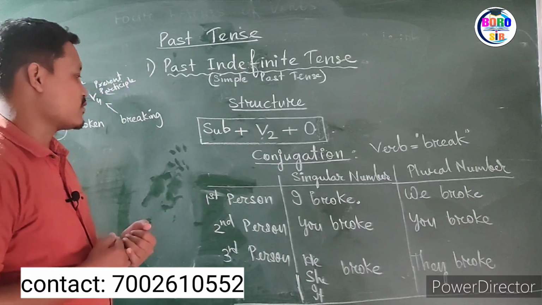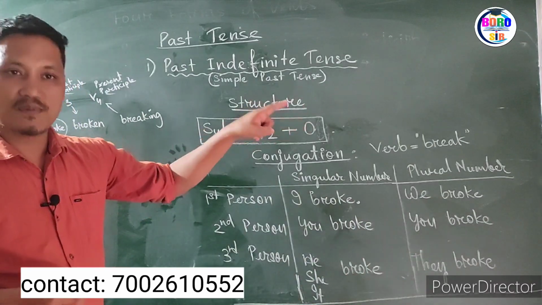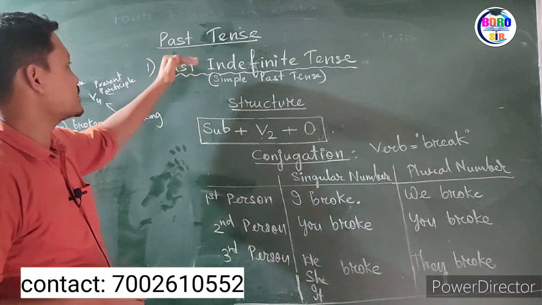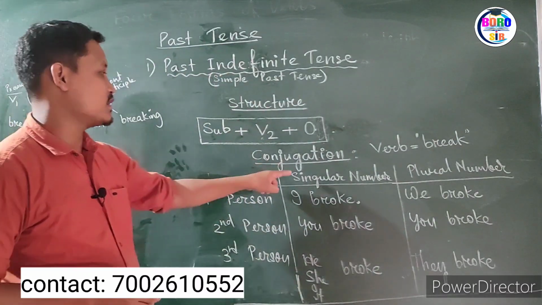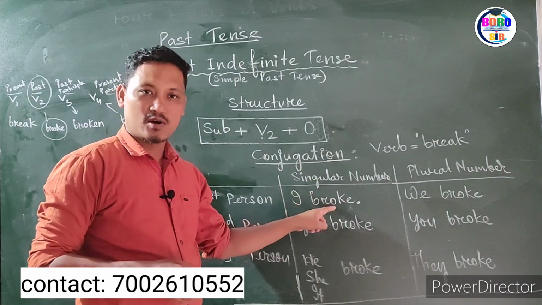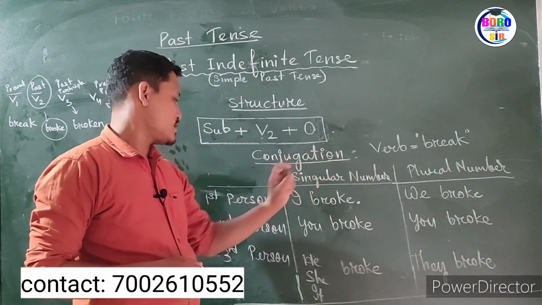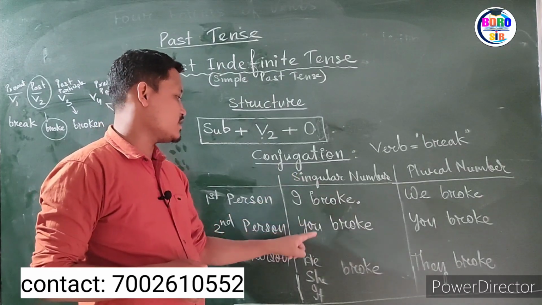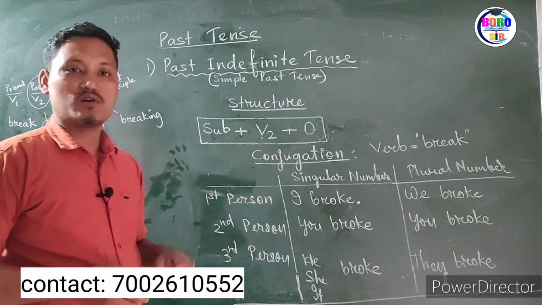Understood? So therefore we say the conjugation of the verb break under the past indefinite tense will be like this. In the first person singular number we write I broke. We broke. In second person singular number you broke, and second person plural number you broke.